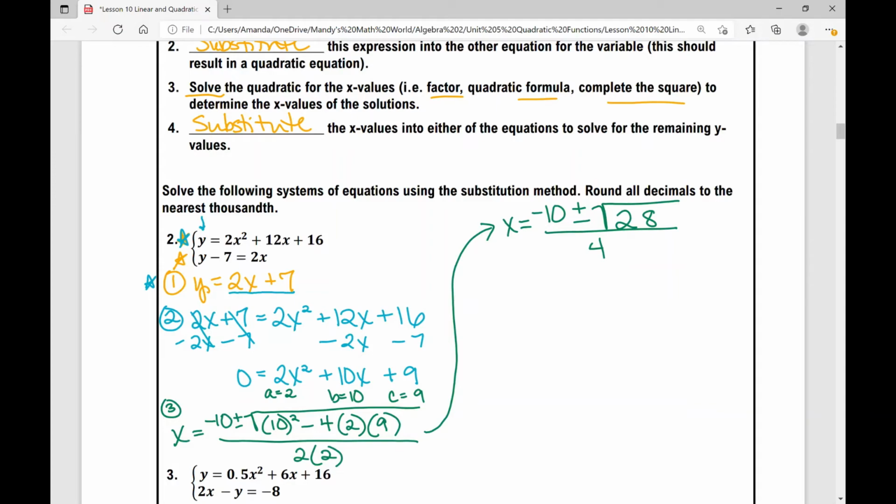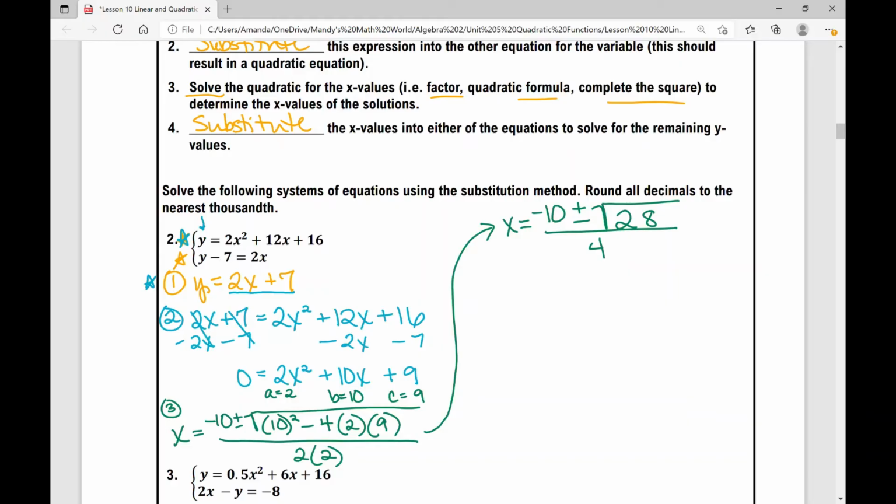So what I want you to do now, and you should have already watched the lesson over solving using the quadratic formula, I'll put a little card in the upper right-hand corner. If you need help solving using the quadratic formula, that'll be up there.